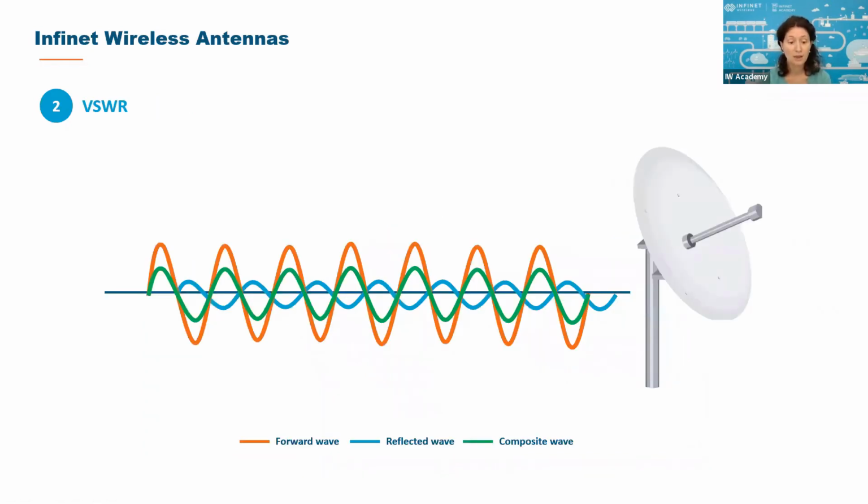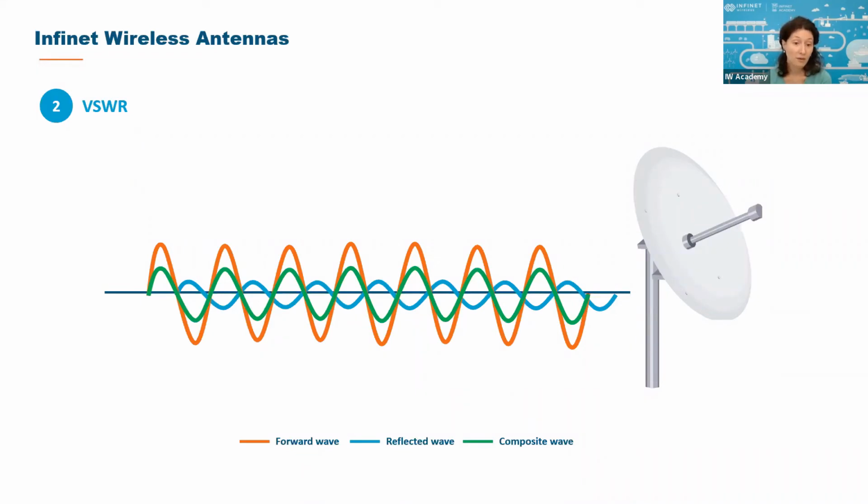Another important characteristic is the VSWR, which expresses the amount of power that is reflected back to the RF chain instead of being radiated. The minimum VSWR value is 1, which represents the ideal case when no power is reflected back.